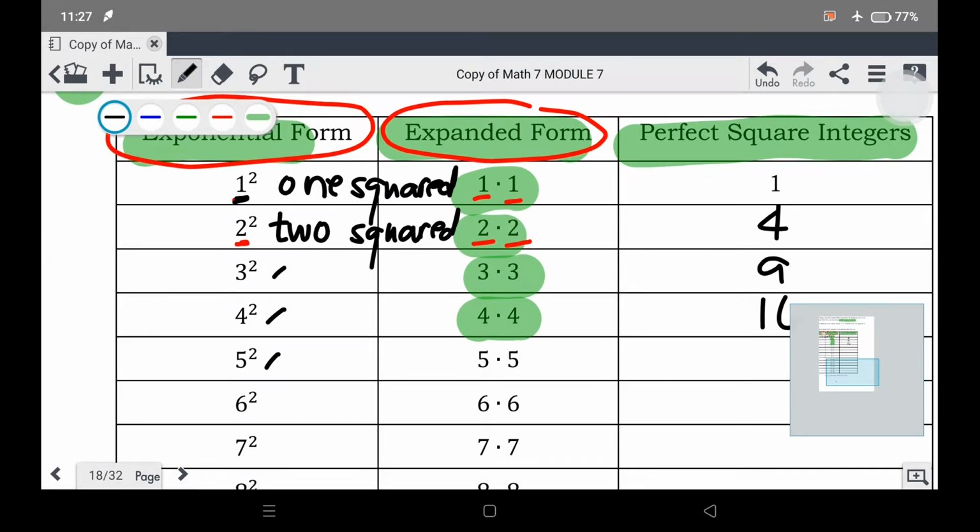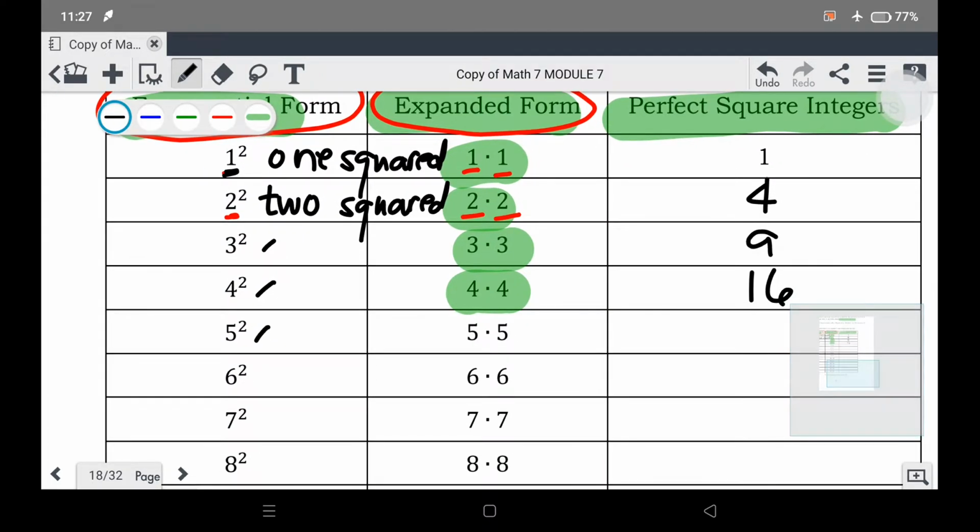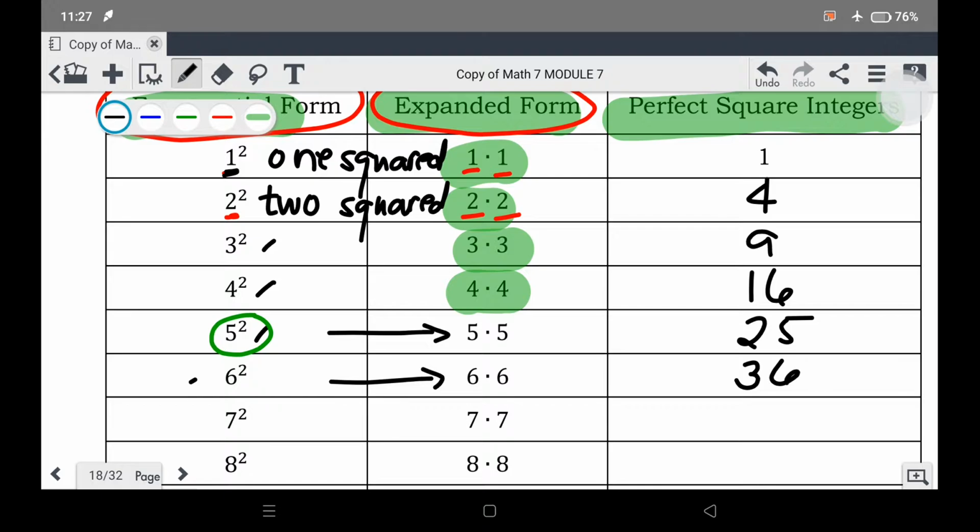This exponential form is the same as its expanded form. So 5 squared is the same as 5 times 5, which is equal to 25. 6 squared is the same as 6 times 6, which is equal to 36.